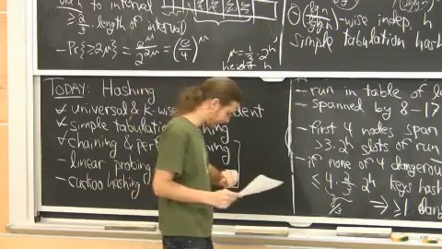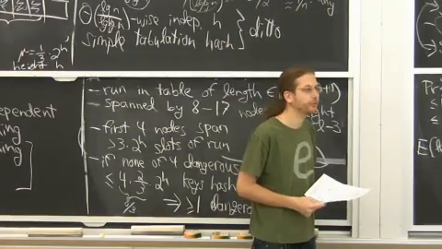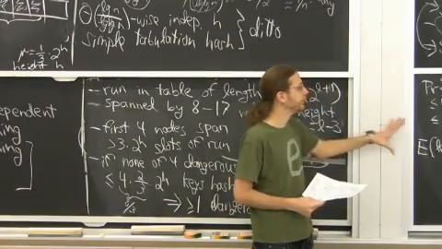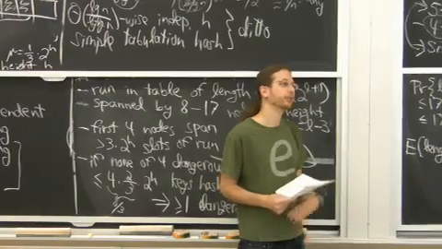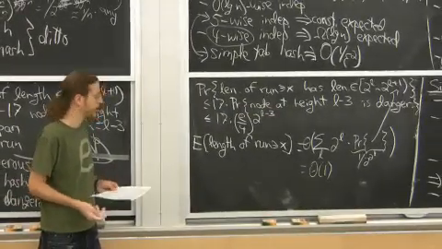Other fun facts, you can do a similar caching trick that we did before. Again, the worst run is going to be, I don't know, log n or log n over log log n. I don't have it written here.